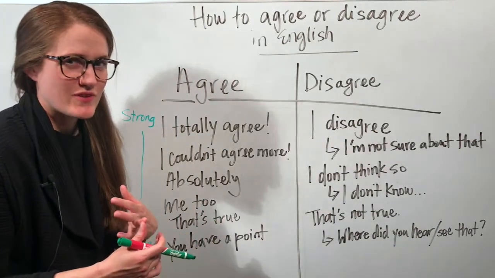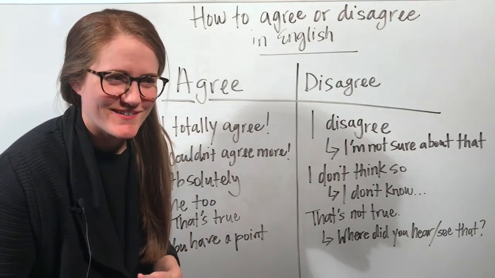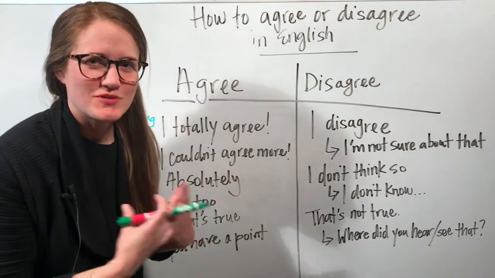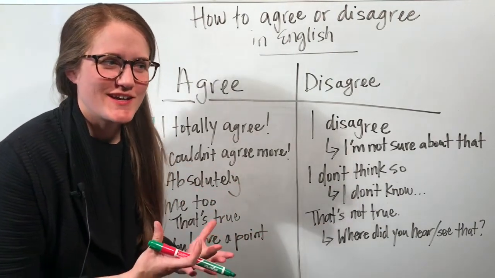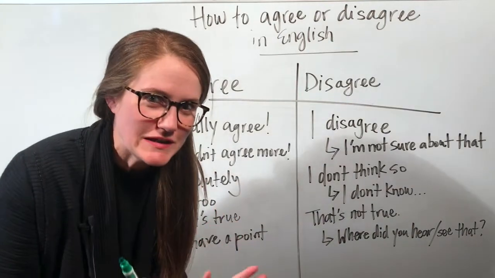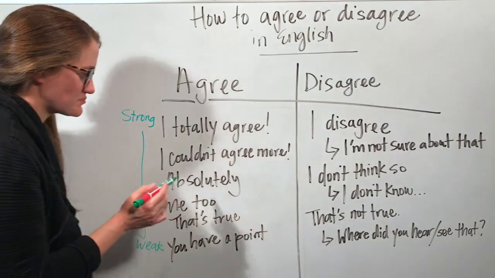So if my friend is telling me a story, I might say, oh, I totally agree, okay? Because I want to show some support for my friend, but I may not 100% agree. I just want to show support for my friend, okay?